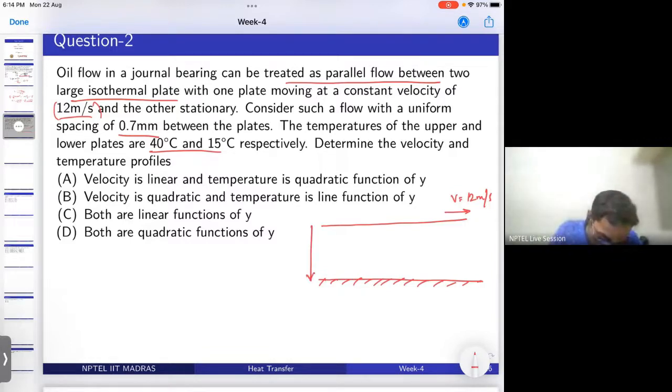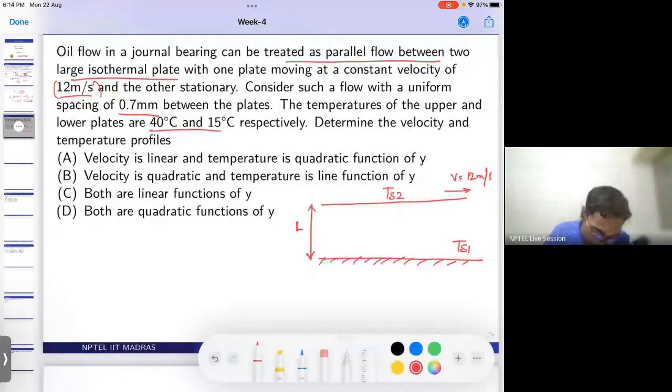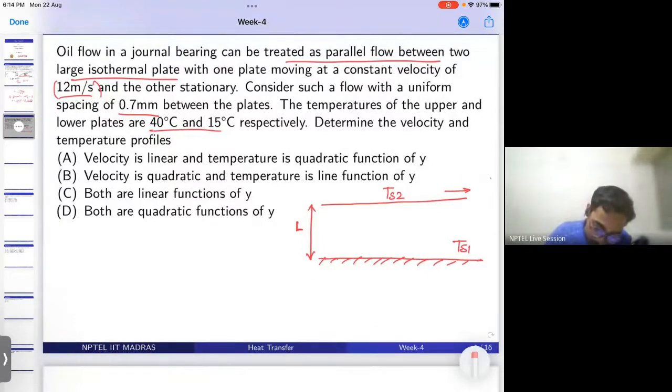This I am taking as L, that is L or X; you can take any nomenclature. This I am taking as ds1 and this is ds2, and the velocity as v. This is the coordinate system I am taking, xy, and the flow takes place in the x direction.